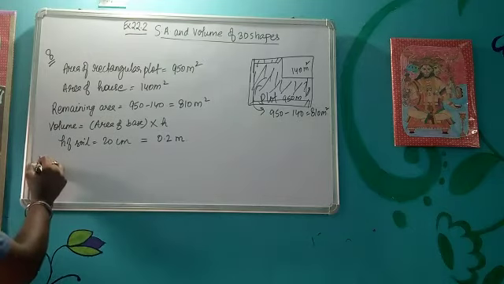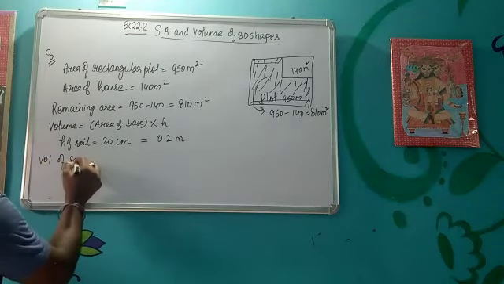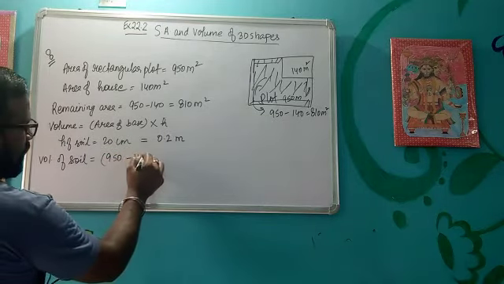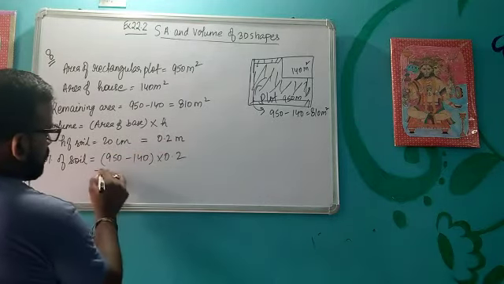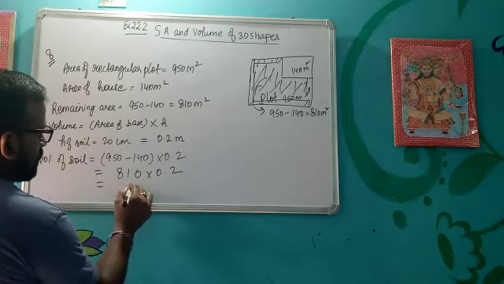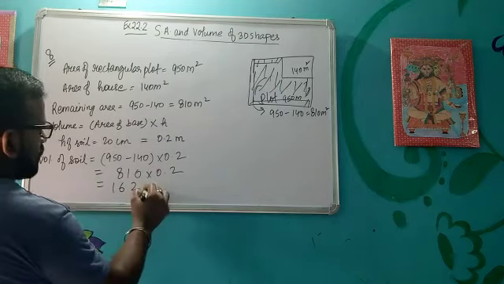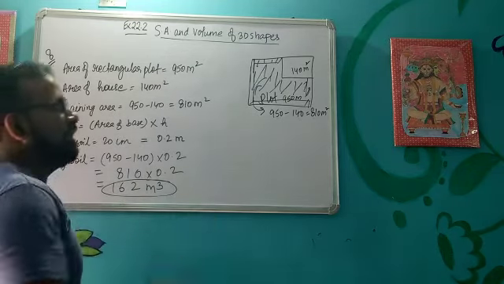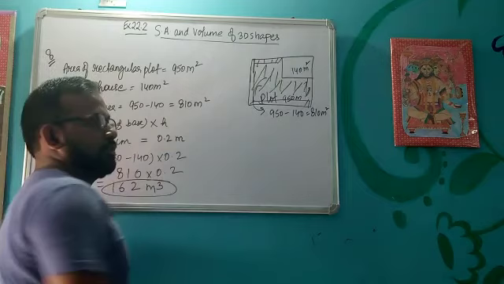So that means the volume of soil will be how much? Base area will be 950 minus 140 into 0.2, that is 162. Okay, so this much meter cube of soil is needed to cover this remaining portion.